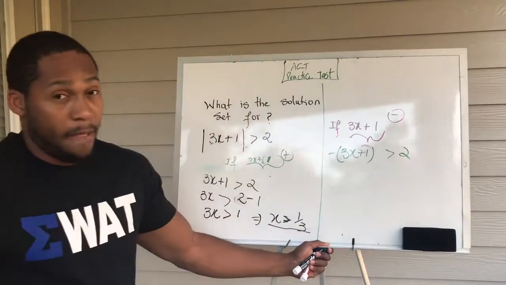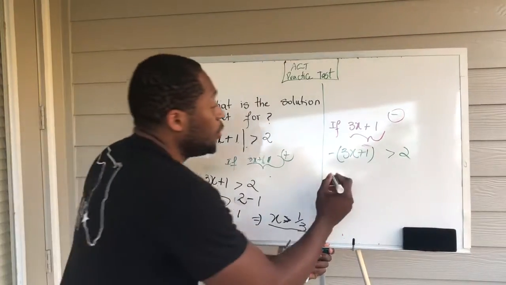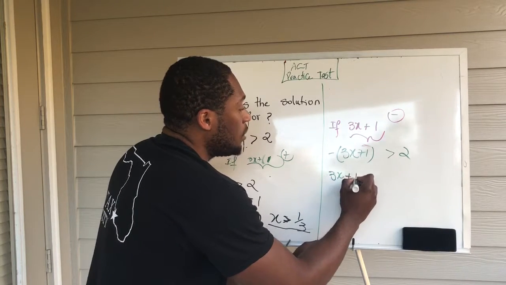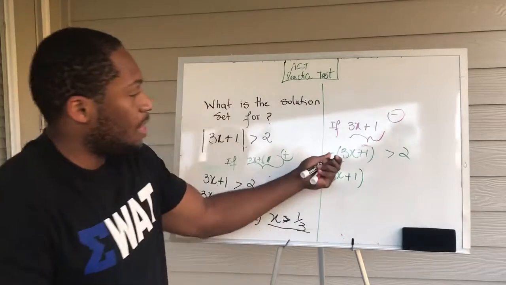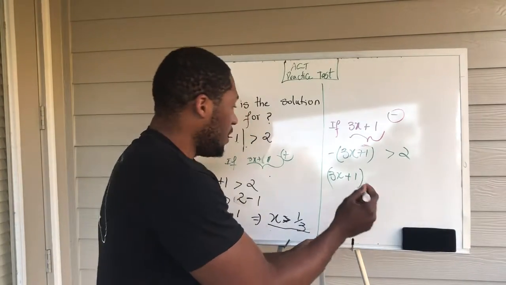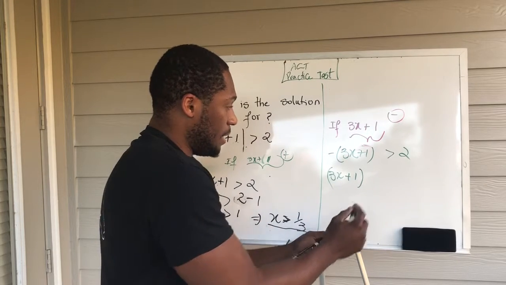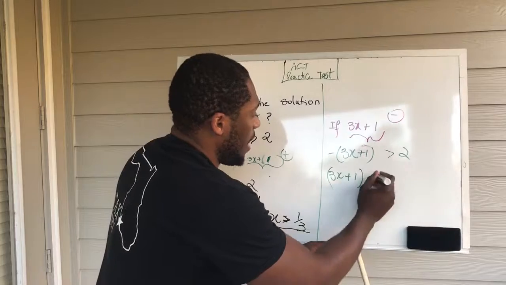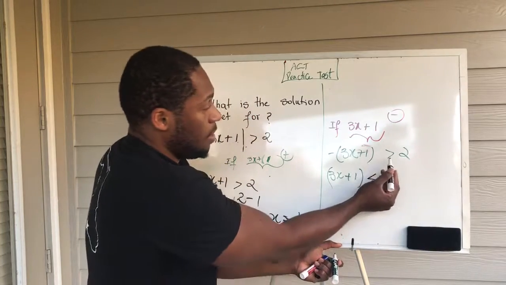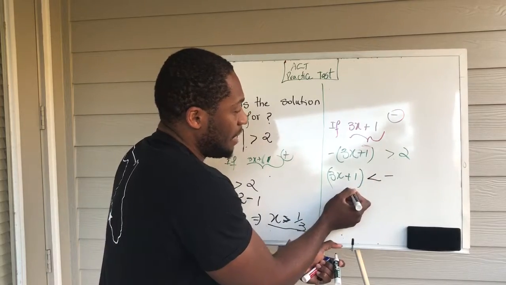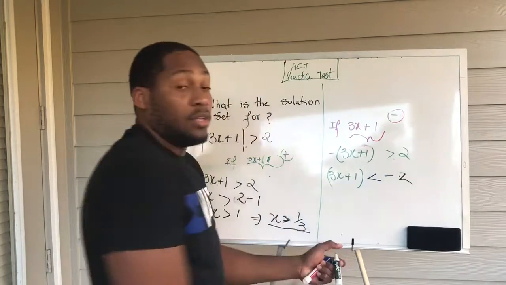So what do you say? Minus (3x plus 1) is greater than 2. That implies we're going to multiply both sides of the inequality by negative 1. When you do that with an inequality, you're going to have to flip the sign. Greater than becomes less than. You multiply this side by negative 1, it's going to be negative 2.